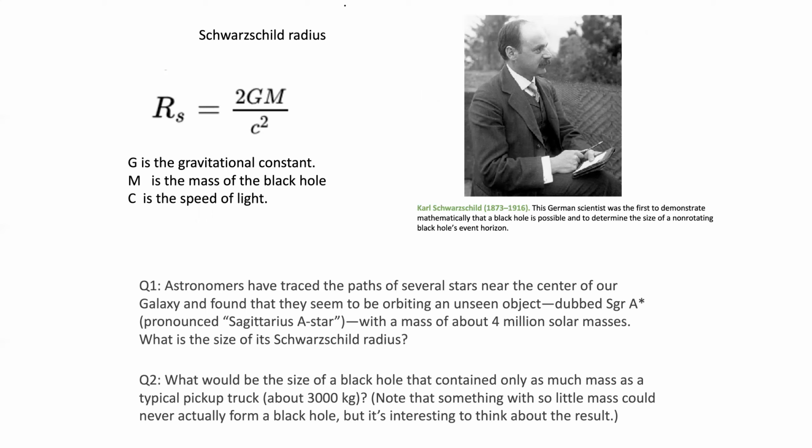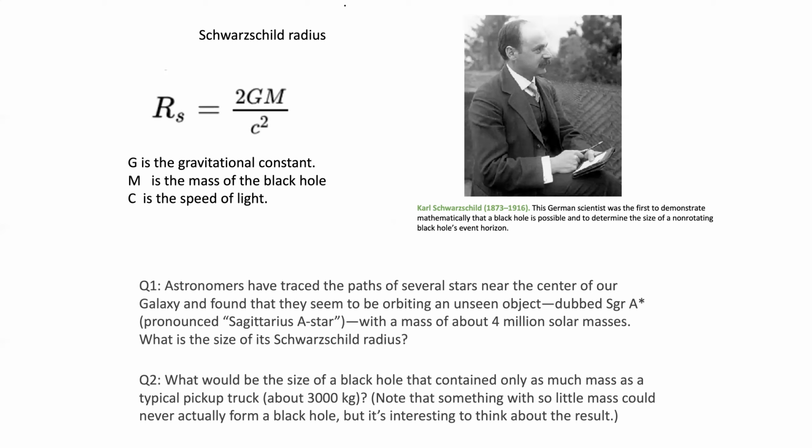Now, this is how you simply calculate the Schwarzschild radius. G is the gravitational constant, m is the mass of the black hole, and c is the speed of light. You can prove this equation yourself if you need. In a simple way, just think about the escape velocity.